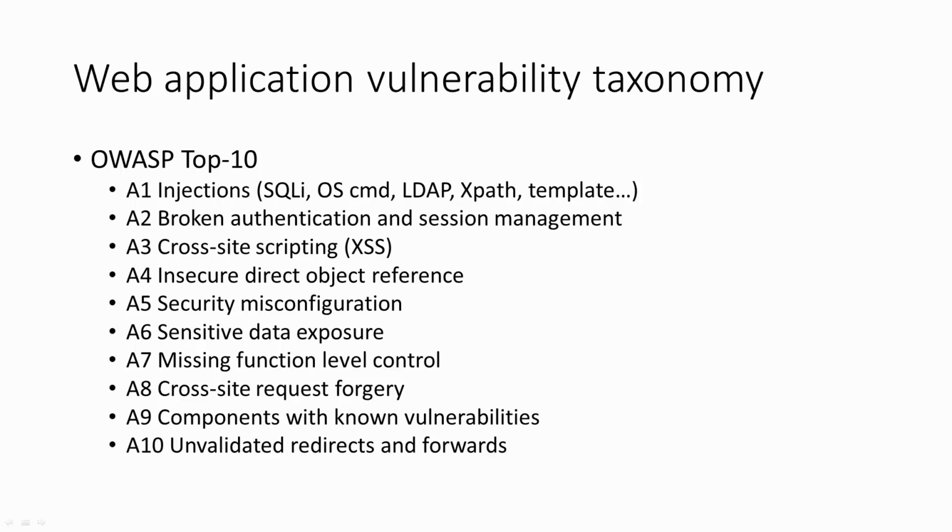The seventh category, missing function level control. That's quite tricky, I would say. So let me explain that by an example. Let's say you have different roles in a web application. So there is an admin and there are users, just the business users of the web app.